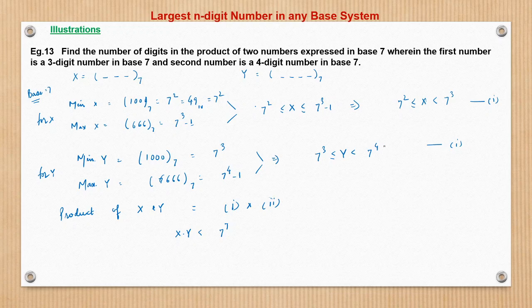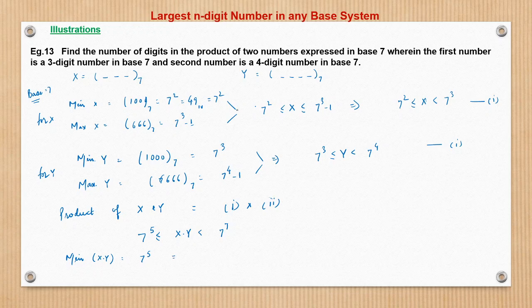We just add the powers, 4 plus 3 is 7, and here it will be 7 raised to power 2 and 3, so it becomes 7 raised to power 5. Here this will be less than or equal to. Now see what it is. So the minimum value of xy is 7 raised to power 5 in base 10, right?